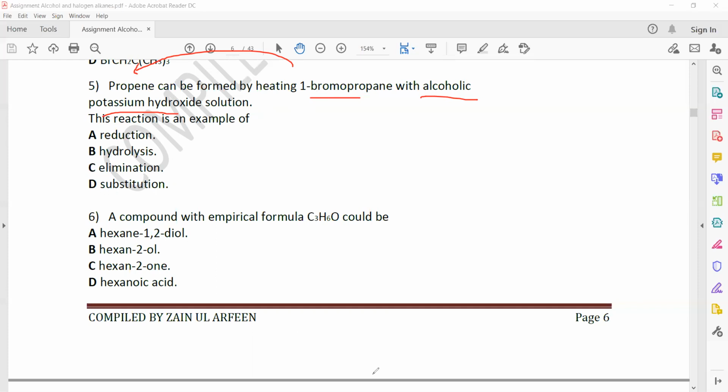Question 5. Yes, it is an elimination reaction when a halogenoalkane is reacted with potassium hydroxide in an alcoholic medium.